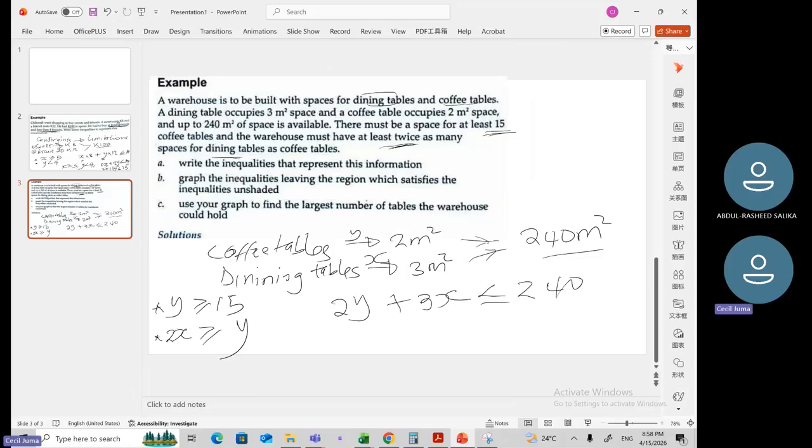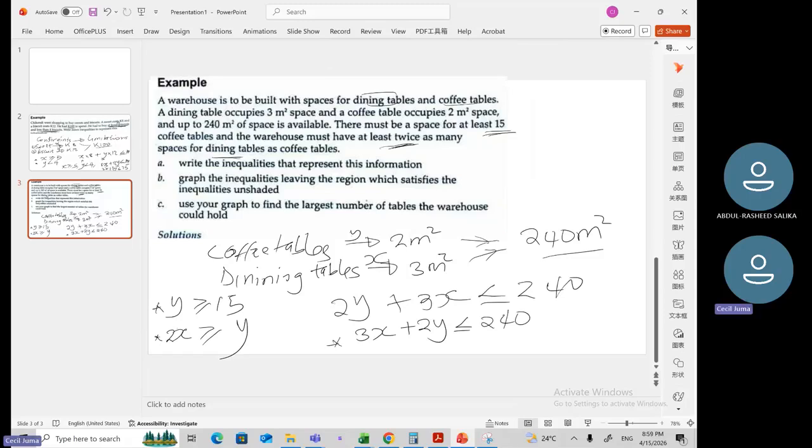Either way, you can start with x: 3x plus 2y should be less than or equal to 240. So this is our third inequality.